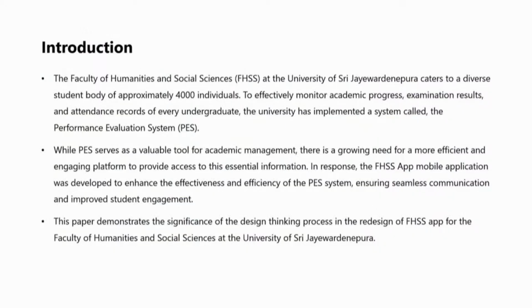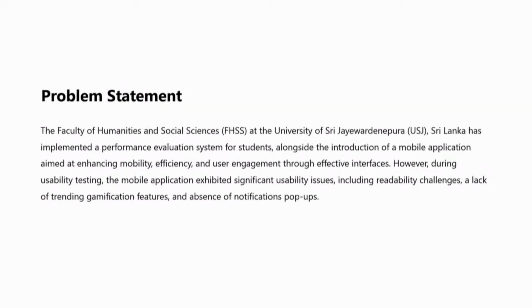In addition, a few years ago, we had the FHSS app, but there are some usability issues with that app, and my paper demonstrates the significance of the design thinking process in the redesign of the FHSS app for the Faculty of Humanities and Social Sciences at the University of Moratuwa.